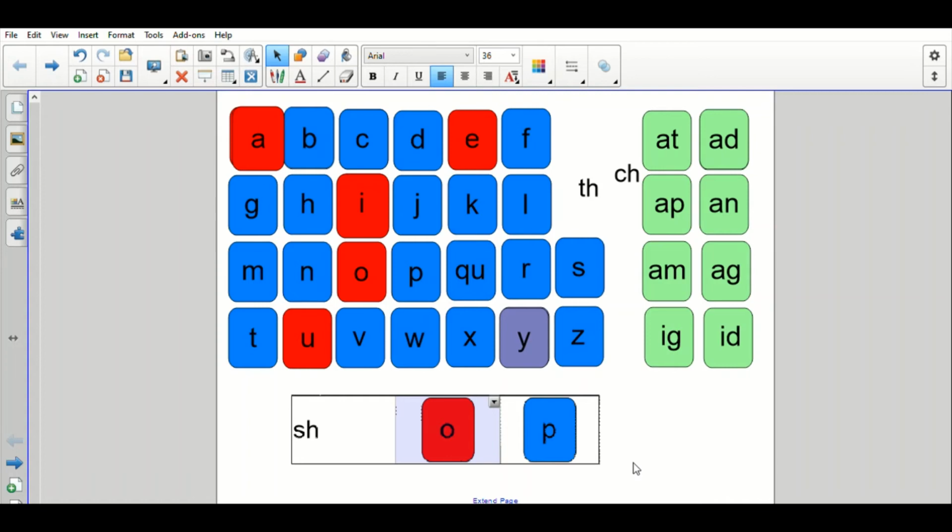Okay, I'm going to help you a little bit less with the next one. So right now we have shop. I want you to change the P in shop to T. The P in shop to T. So, on your whiteboard, you're erasing a letter and writing a new letter. Give it a try.